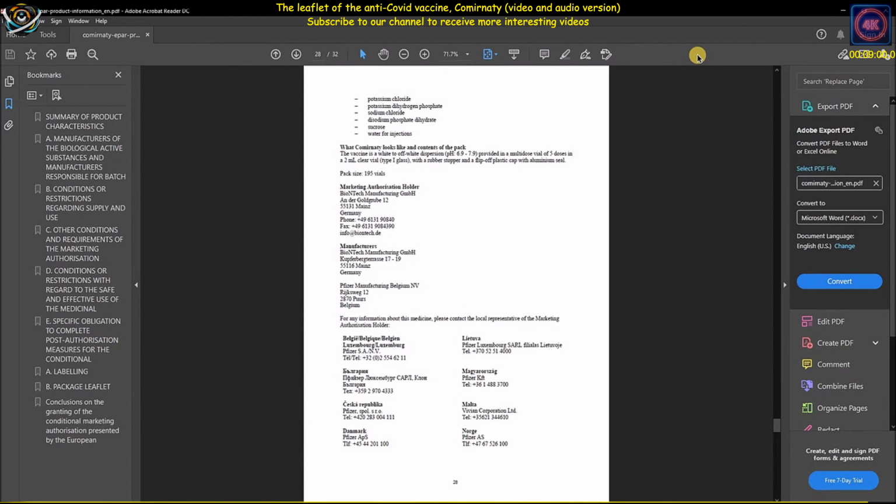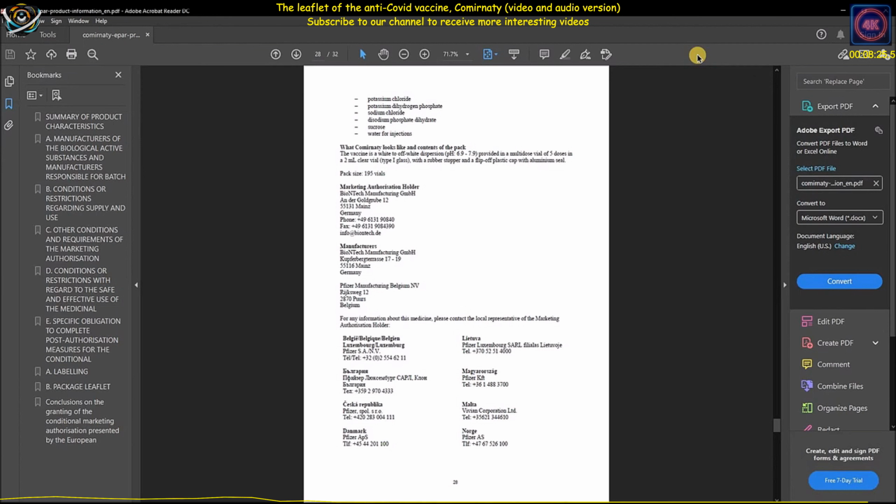Česká republika, Pfizer spol. s r.o., Tel +420 283 004 111. Malta, Vivian Corporation Ltd., Tel +356 21 344 610. Danmark, Pfizer ApS, Tlf +45 44 201 100.